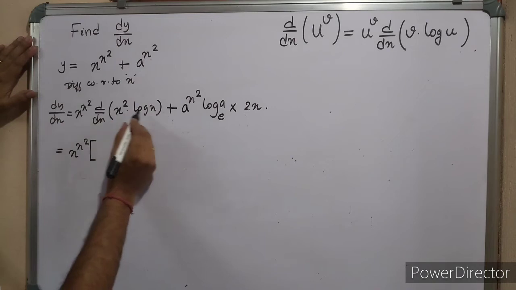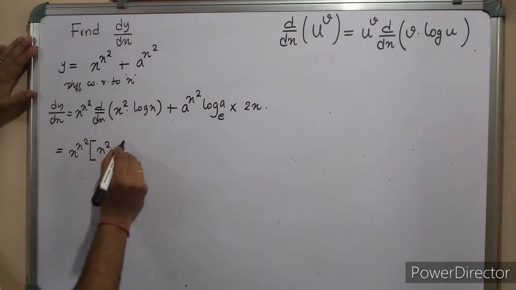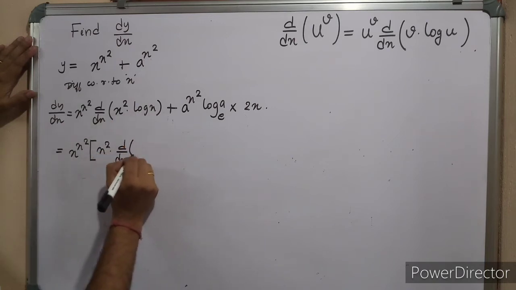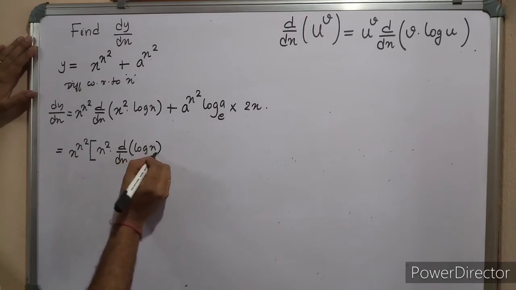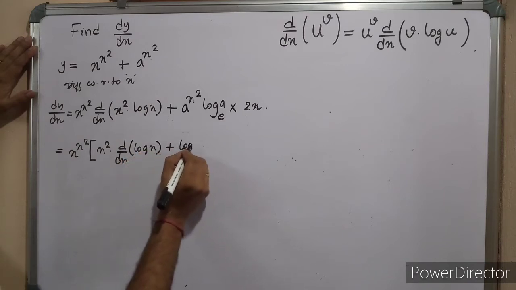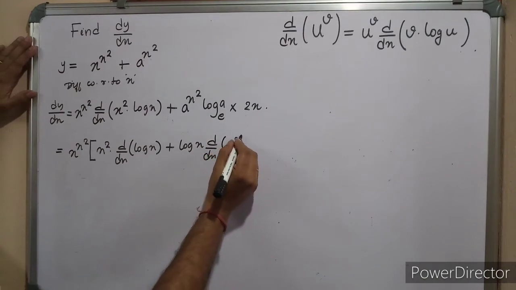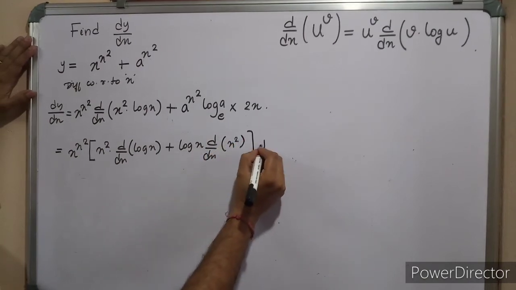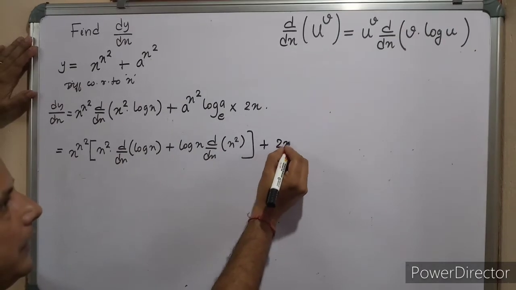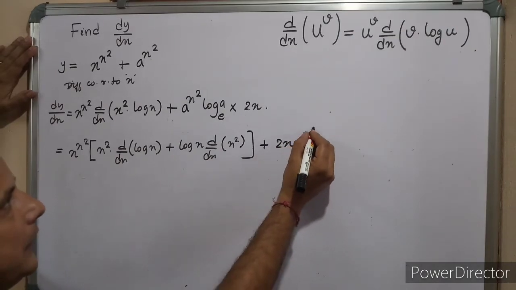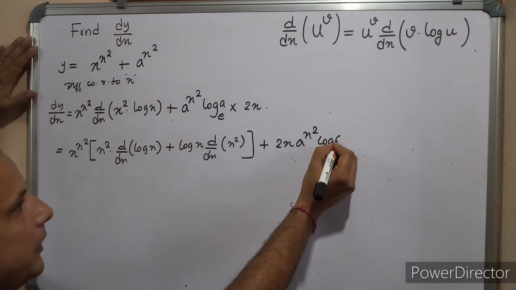Now then I'll use the u into v formula: u d by dx of v plus v d by dx of u. Plus, first I'll write 2x into a to the power x square log a to the base e.